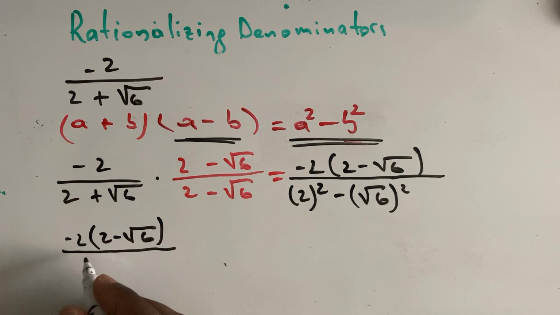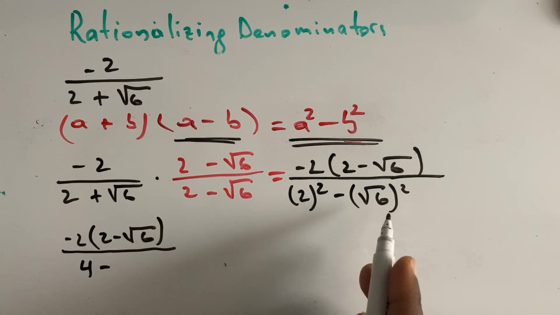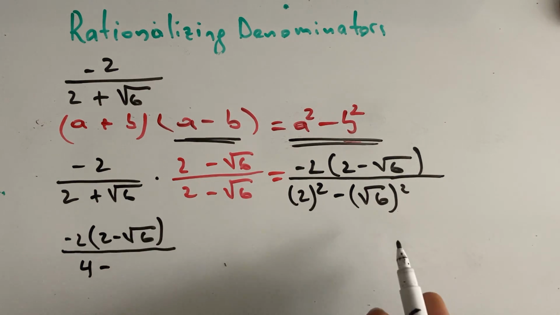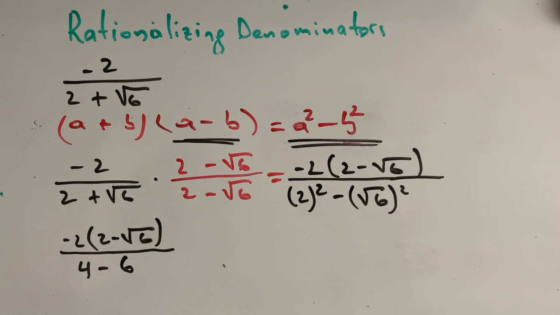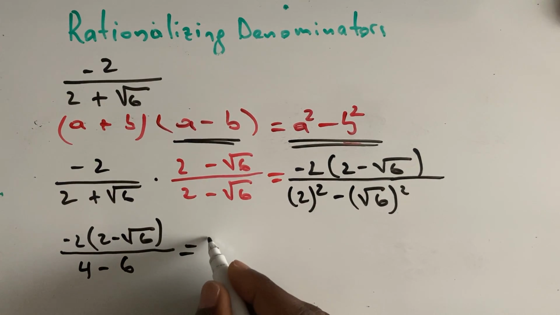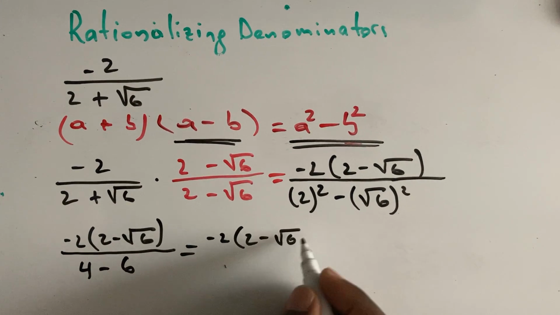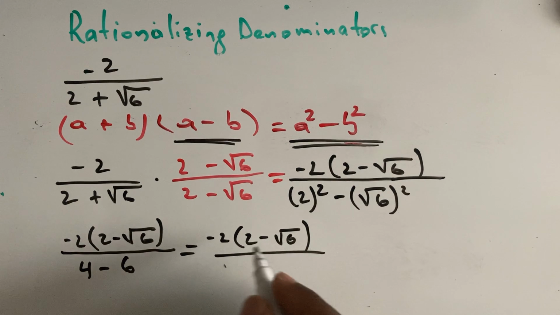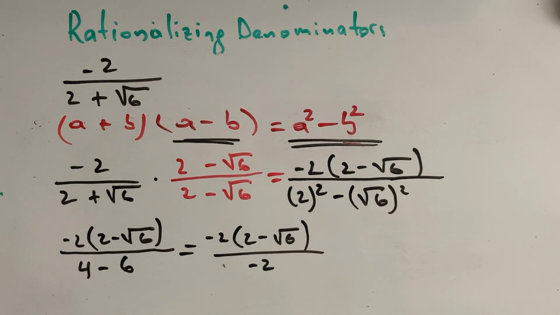And on the bottom, 2 squared is 4, minus square root of 6 squared is positive 6, which the negative sign outside will keep as negative 6, okay? The radical is gone because you squared it, all right? So now it's negative 2 times 2 minus square root of 6 over 4 minus 6 is negative 2. 4 minus 6 is negative 2.